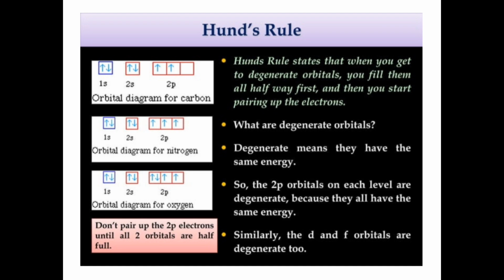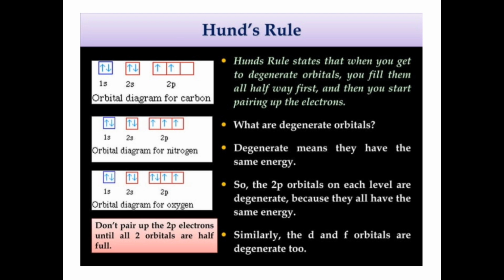From the diagram here, you could see for Hund's rule, carbon, for instance, we'll get to that very soon, has electronic configuration 1s2, 2s2, 2p2. If you are filling up, you have the 1s2, the 2s2 there, and then the 2p. But when it comes to nitrogen, you observe that you have 1s2, 2s2, 2p3.